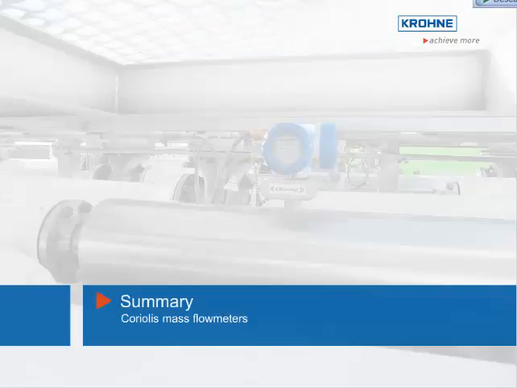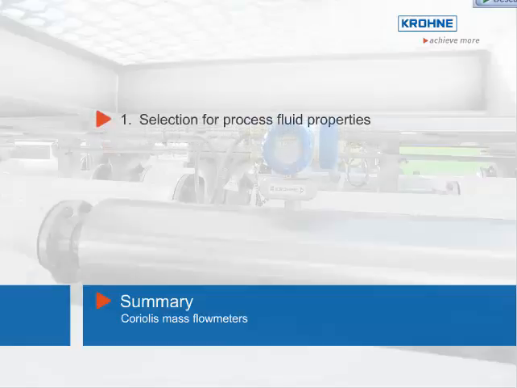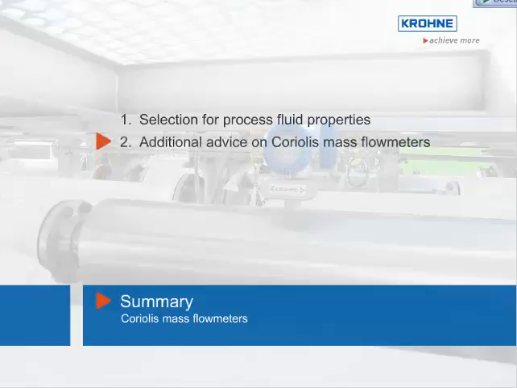Having completed this second module of Coriolis mass flow meters, you will now be able to understand some essential considerations for selecting mass flow meters to suit process fluids, and have some awareness of industrial constraints for the selection of Coriolis mass flow meters. You will also know how sizing and selecting mass flow meters for gas applications differs from that of liquids.